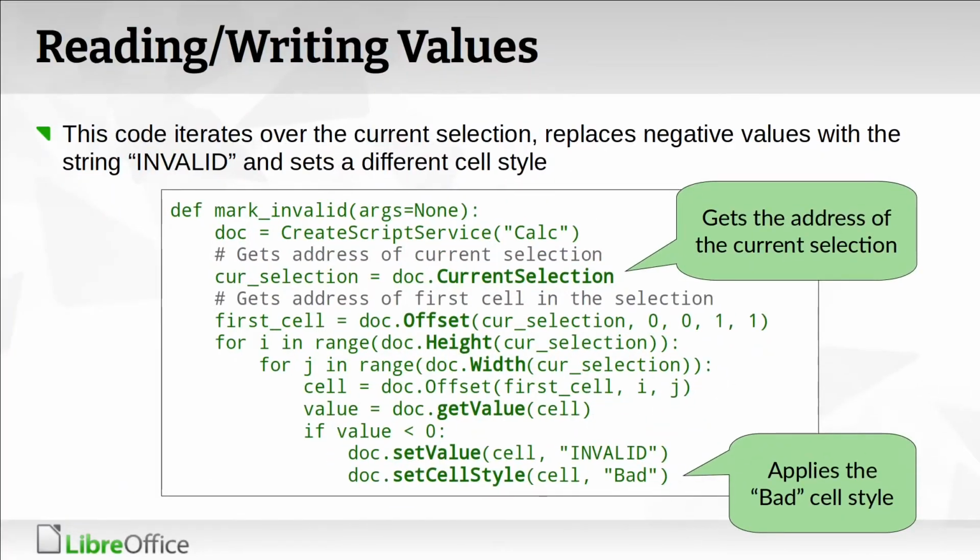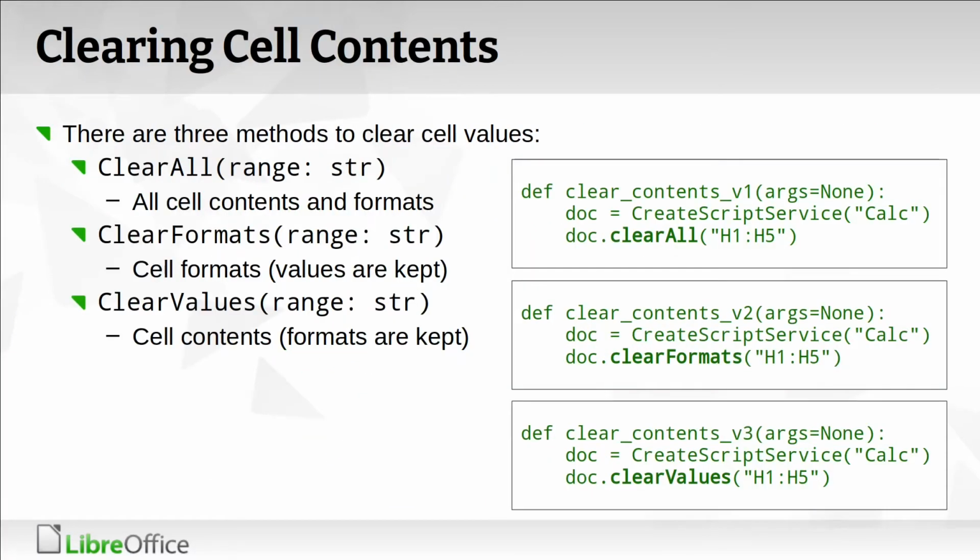Okay, so moving on. Now let's talk about clearing cell contents. This is something that is challenging using the LibreOffice API, because when you use the clear contents method, you have to specify the type of content that needs to be cleared. This requires some knowledge of the LibreOffice API, which is challenging for new users.